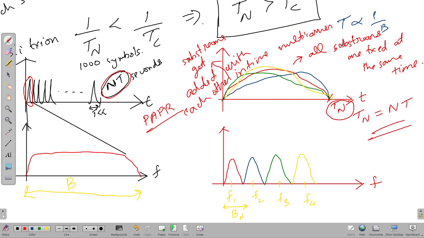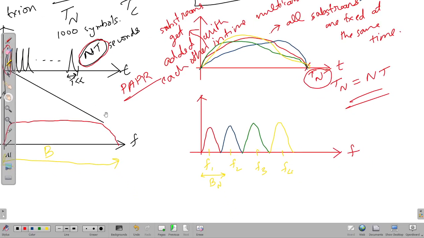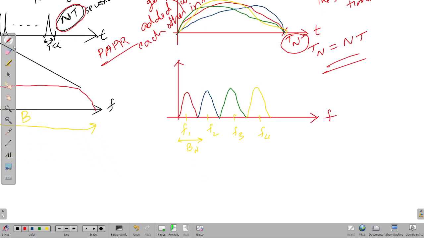So this is precisely the concept of multi-carrier communication. And in multi-carrier communication, you see that these frequencies are centered in such a way that each of these substreams has the same bandwidth, let's say Bn.